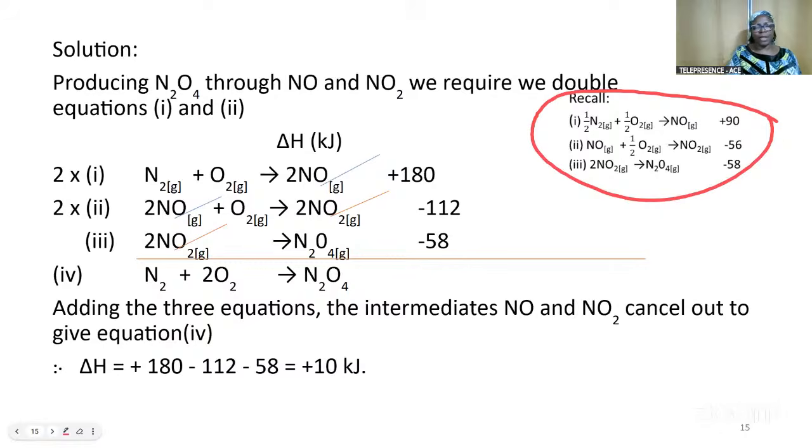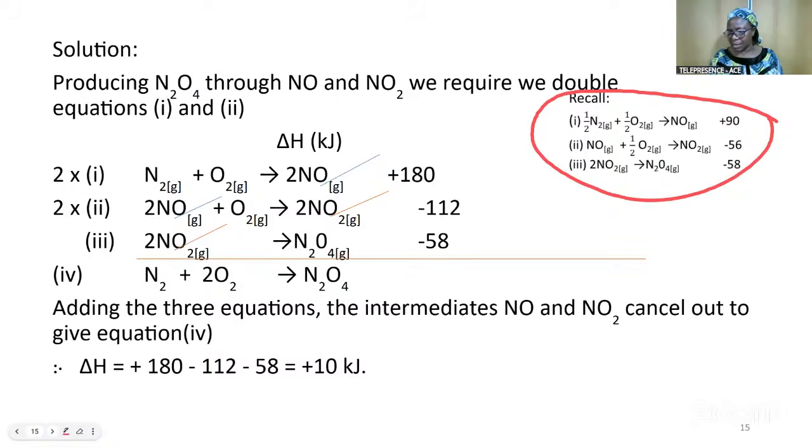So production of N2O4 through NO and NO2 will require that we look at all the steps, ask ourselves, which one do we need to reverse? Which one do we need to multiply by a factor to ensure that we can cancel out some reactants or intermediates, as the case may be?